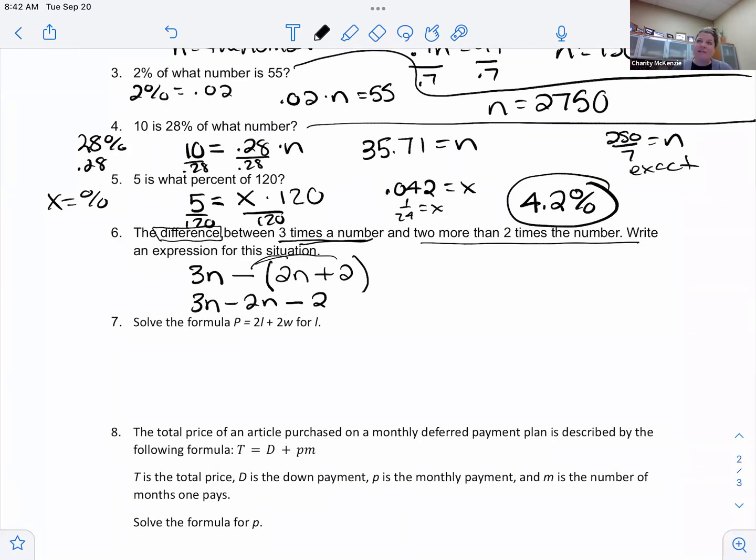And then I could combine 3n minus 2n as 1n, or just n minus 2 is the final simplified. Not all of these do you have to simplify. A lot of them, it's just write the equation. They may make you simplify more than I realize.